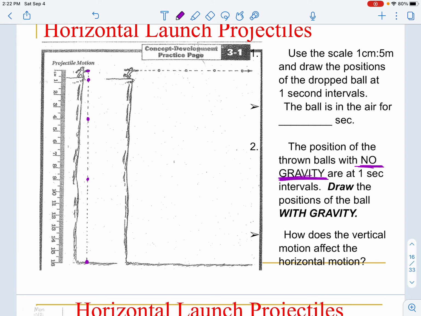We do have forces acting on it, but if we look at all of our forces in the horizontal direction, we are asking you guys to ignore air resistance. So if we don't have air resistance, even here on Earth, this path shows the horizontal motion that the object would actually experience.